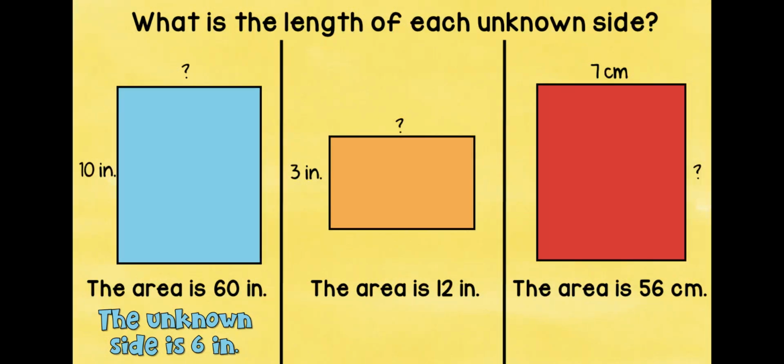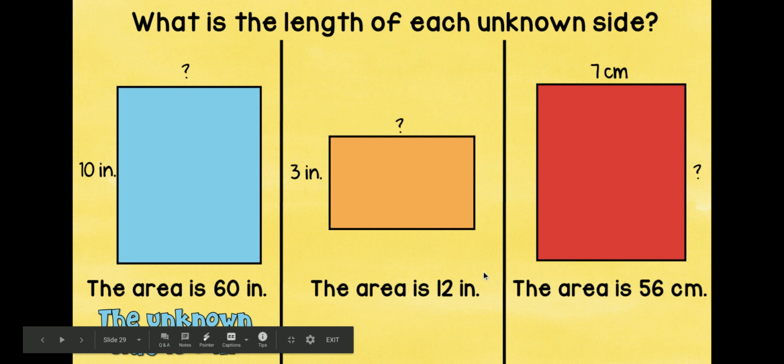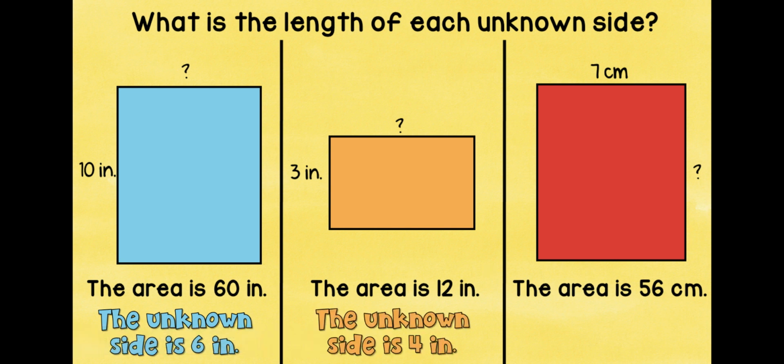For the orange in the middle, they said it was 3 tall, and I need to figure out 3 times what equals 12. That missing number is 4. The unknown side was 4 because 3 times 4 equals 12. Or like I said, you could work backwards: 12 divided by 3 equals 4 to find the missing side.